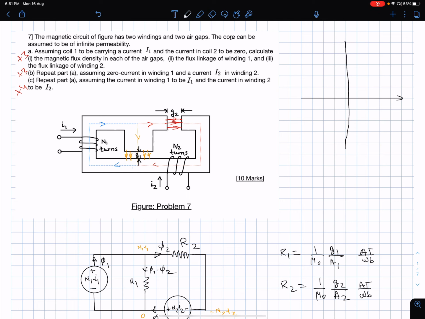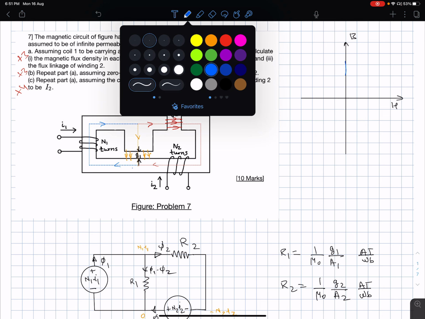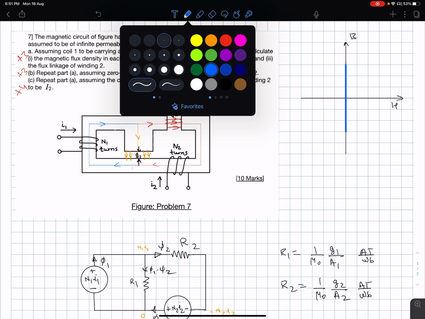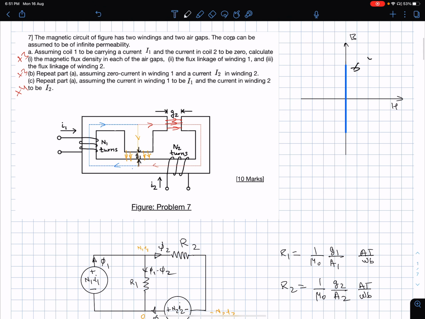just a minute, this is a sketch that I like to do. So this is H, this is B, and when I say core has infinite permeability, what we mean is actually that this BH curve is what means mu r going to infinity.